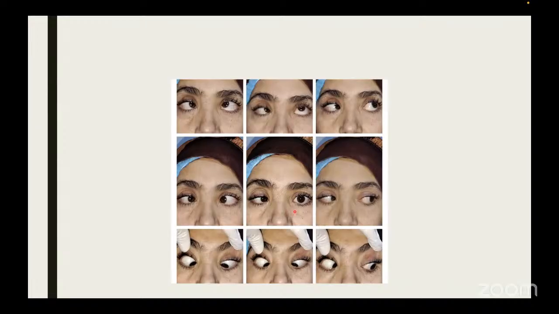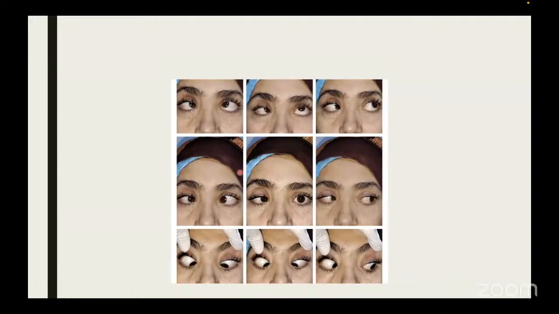I would say this is a 9-gaze photo of a female patient. She has right inward deviation, right esotropia. With the Hirschberg, it might be around 50 or 60 prism diopters, or 30 degrees esotropia. In the left gaze, left up, left down, it looks okay.